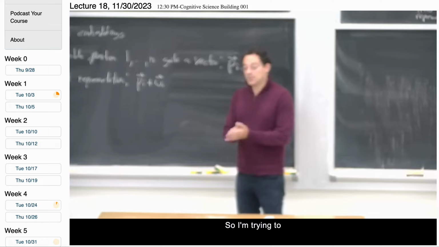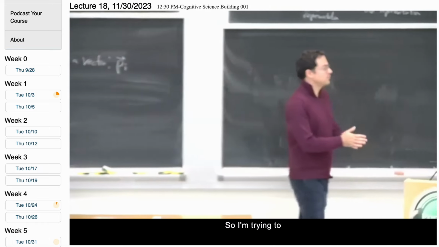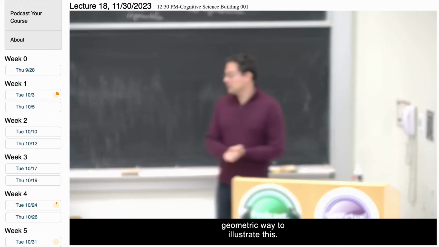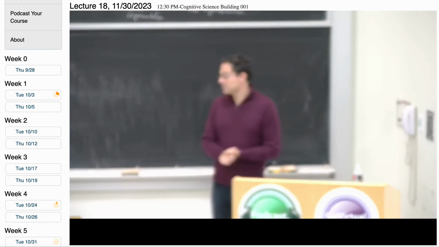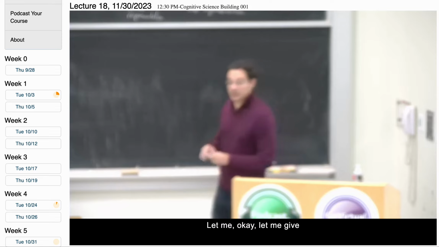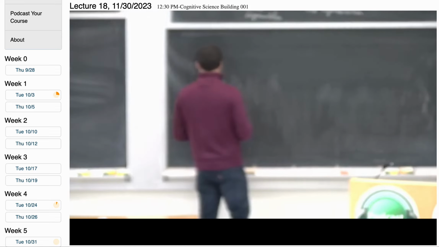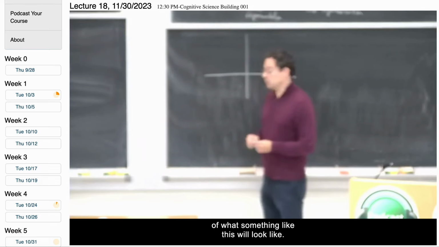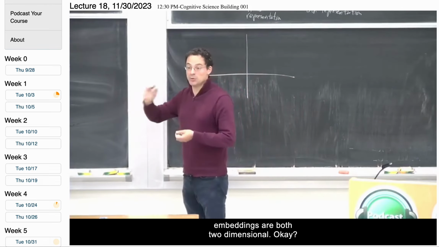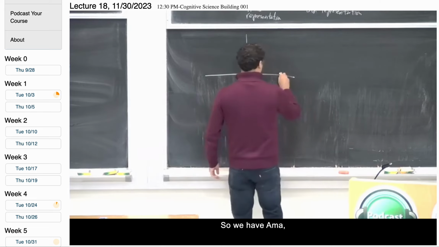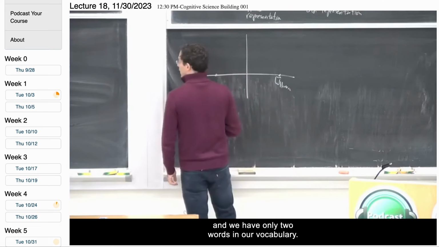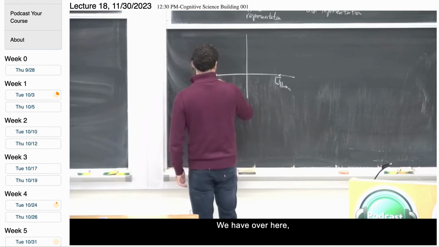I'm trying to think if there's a clean geometric way to illustrate this. Let me give a very simplified example of what something like this will look like. Imagine that our position and word embeddings are both two-dimensional. We have our word embedding for llama over here, and we have only two words in our vocabulary, so we have mama over here.